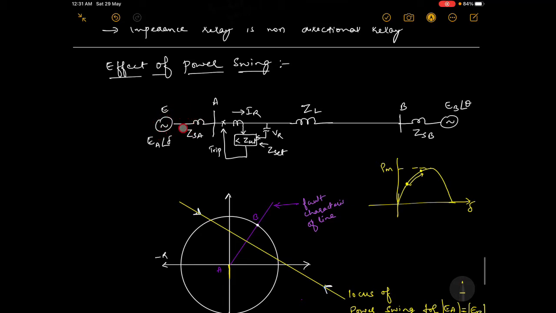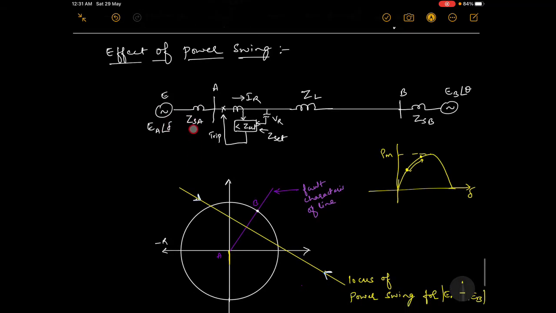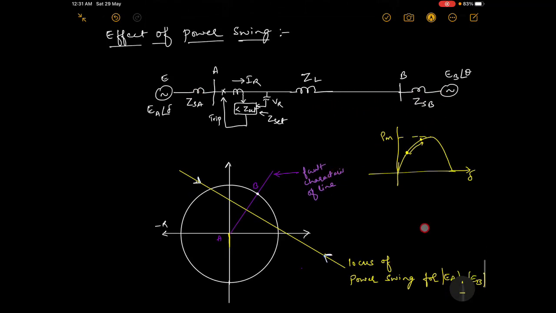When there is a power swing, the source impedance of generator A will vary and the source impedance of generator B will also vary. So ZSA is behind this line, and ZSB is after this transmission line. Behind is represented as this point that I am marking now.